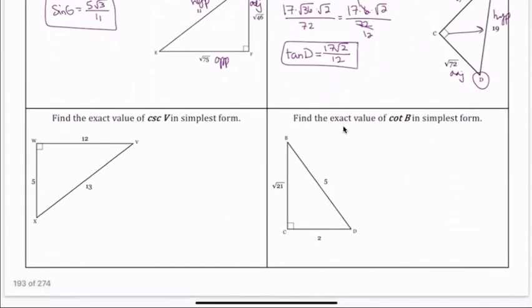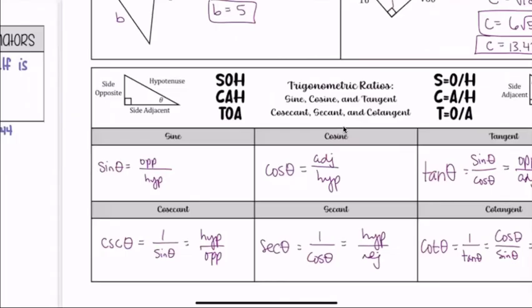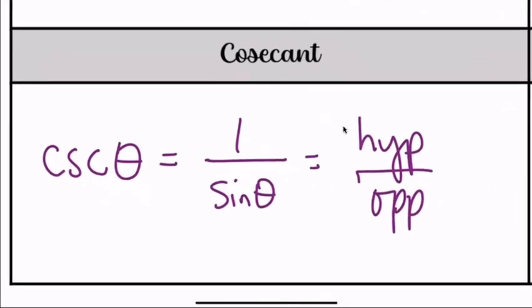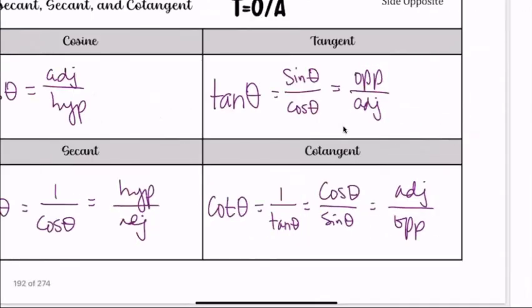The last two here are very simple mathematically because I want to make sure you understand how to use the reciprocal ones. Looking at these, we have an exact value in simplest form for both. It's looking for the cosecant of V. So looking over here, cosecant is the reciprocal of sine, so it's hypotenuse over opposite.